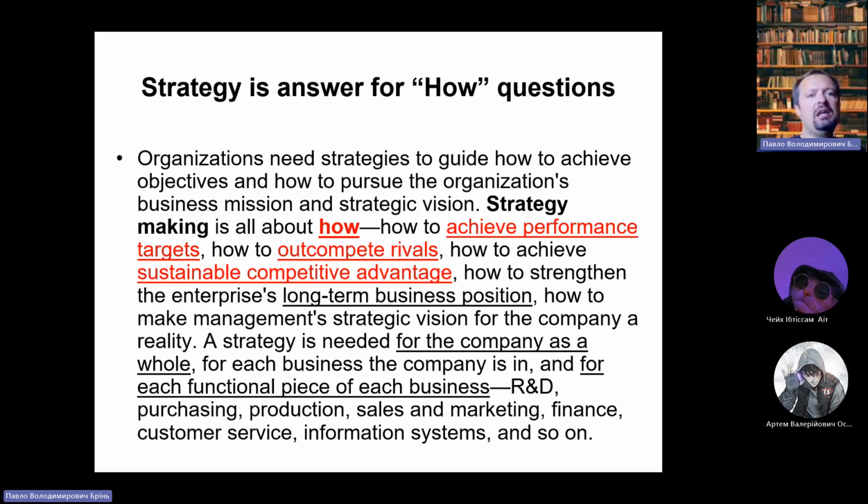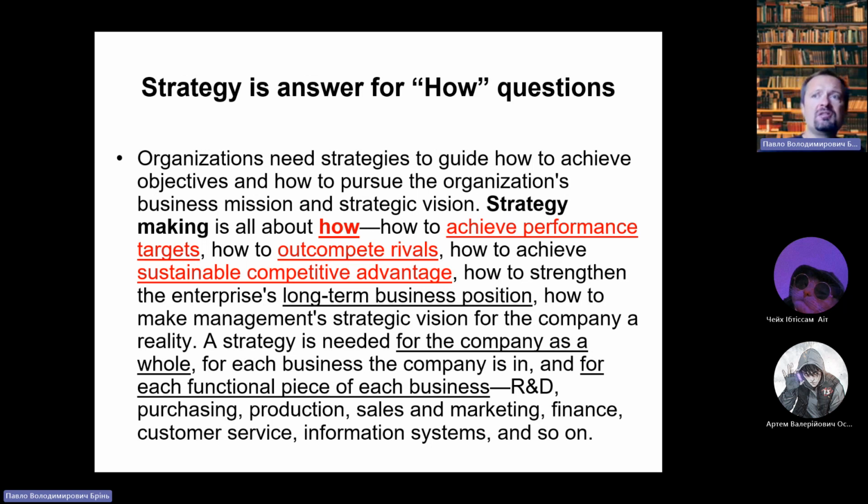So, generally, what is strategy? The strategy is the general plan for the company, and according to this plan, the management of a company has to support the attainment of all objectives.